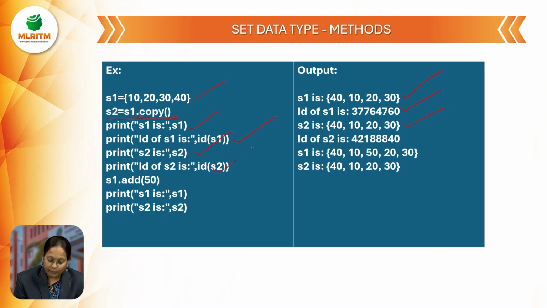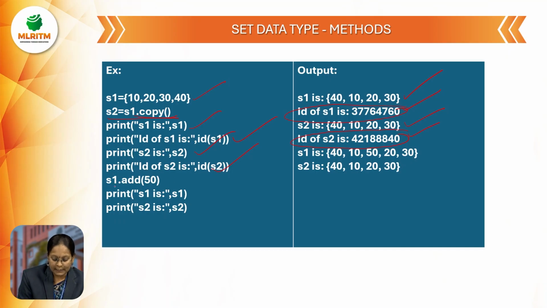Now I print the ID of S2. Just observe the ID of S2. It is changed, whereas previously it was the same. So by using the copy method, S2 is stored in a separate ID and S1 is stored in a separate ID. If we use aliasing, that is equal, both S1 and S2 point to the same ID.